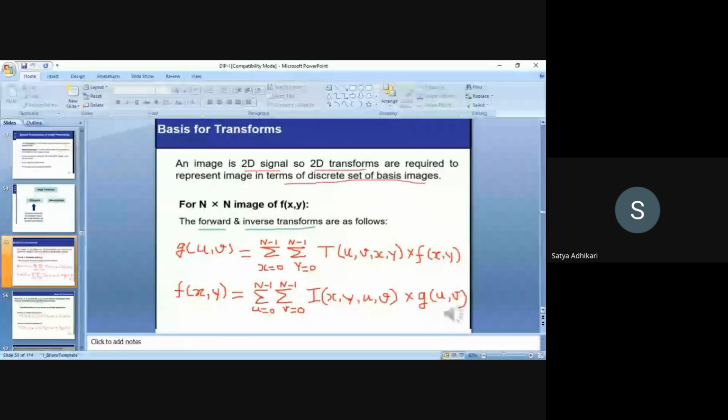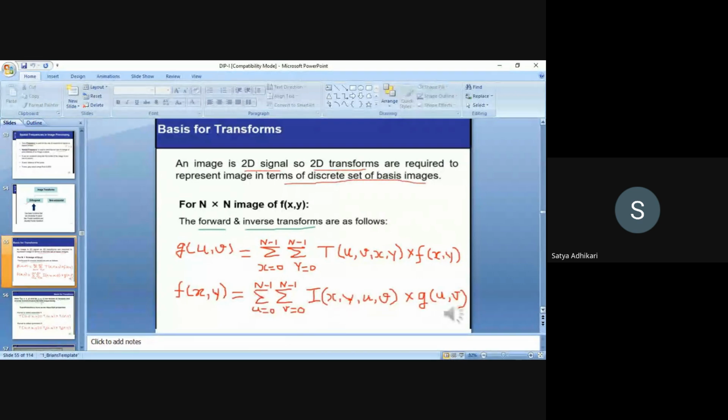You see, there is a mathematical formula written for transformation and inverse transformation. The forward and inverse transforms are opposite to each other. If we apply the forward transformation, the image is converted from the original to another form.